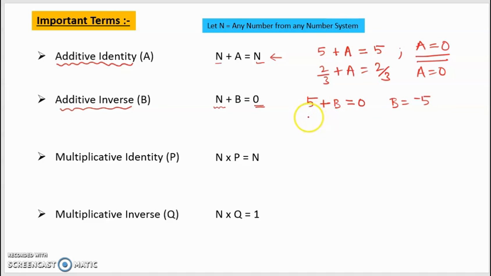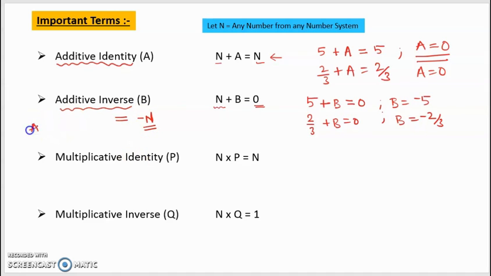For example, let's take 2 by 3 as the number n. So 2 by 3 plus b should be equal to 0. Therefore, b has to be minus 2 by 3. So it is very simple to understand that the additive inverse of any number is always the negative of that number.